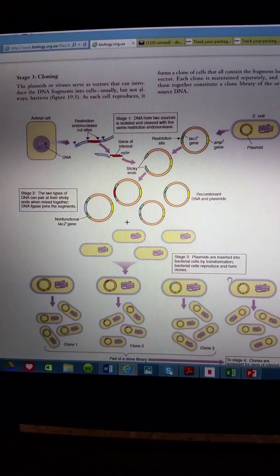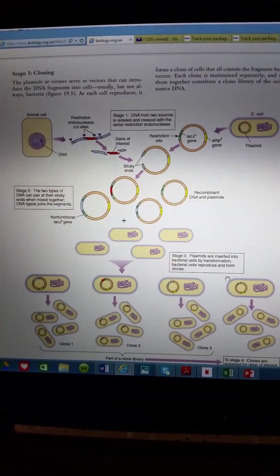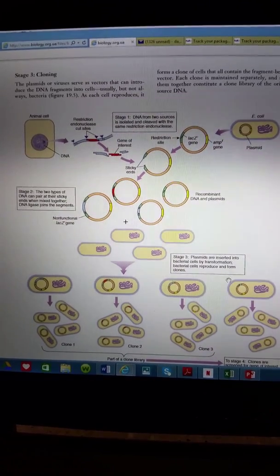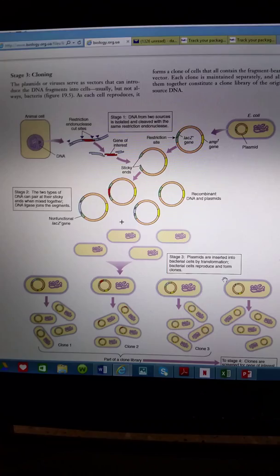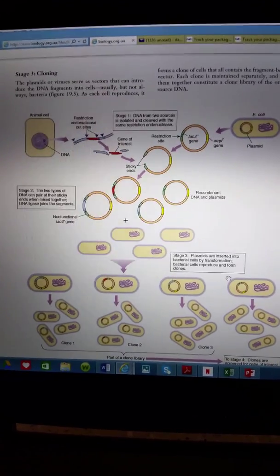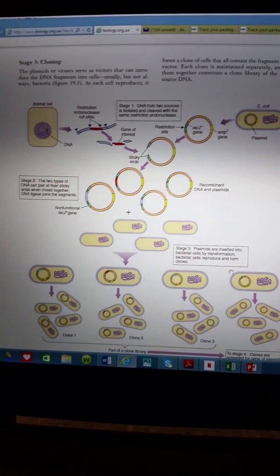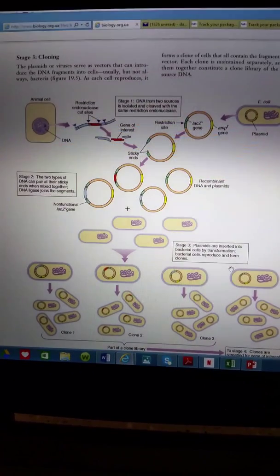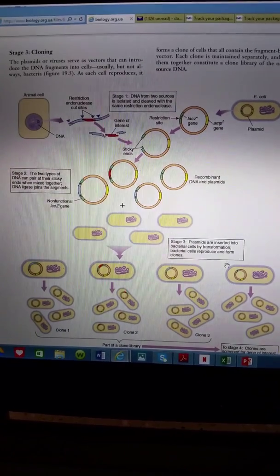So if it's able to metabolize X-gal and has a functioning LacZ, the cell will turn blue. If the endonuclease's recognition sequence lies within LacZ, the gene will be interrupted when recombinants are formed, and the cell isn't going to be able to metabolize X-gal.